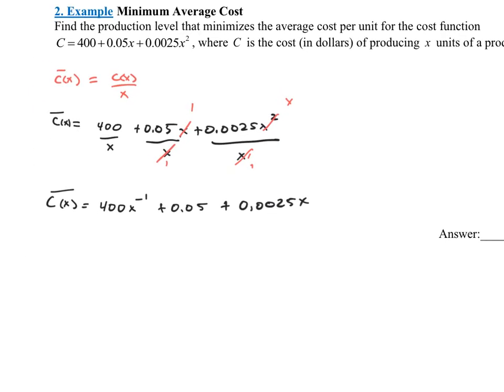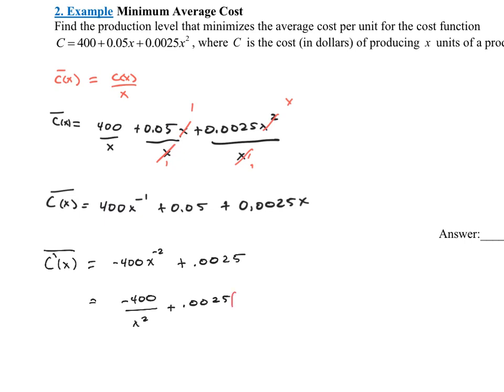So now I want to minimize that, so I'm going to find the derivative of the average cost function. The derivative of 400x to the negative 1 using the power rule would be negative 400x to the negative 2. The derivative of 0.05 is 0, and the derivative of 0.0025x is 0.0025. Writing this in simpler form, we'd have negative 400 over x squared plus 0.0025.